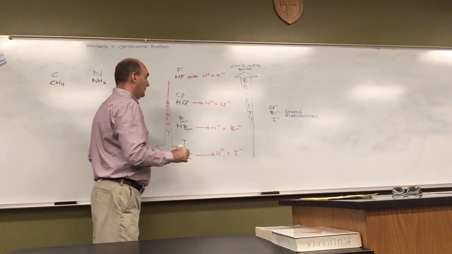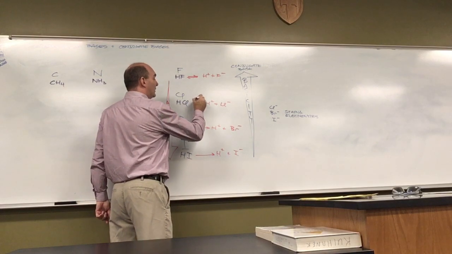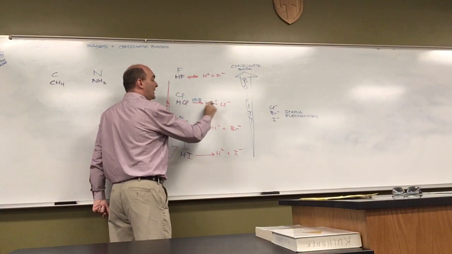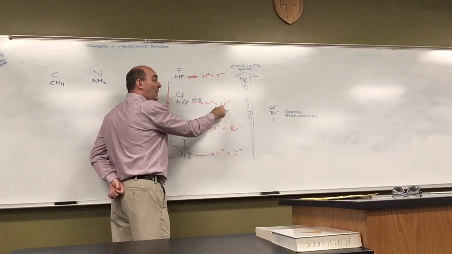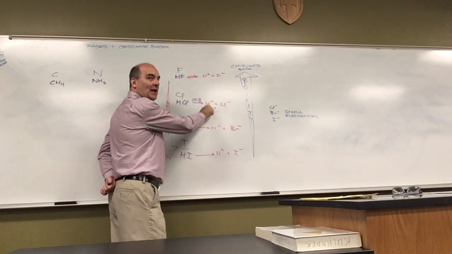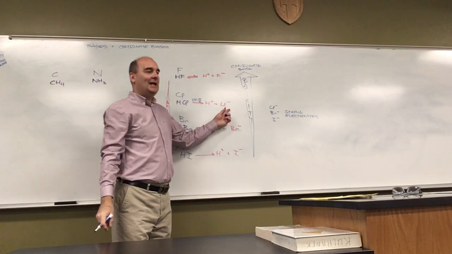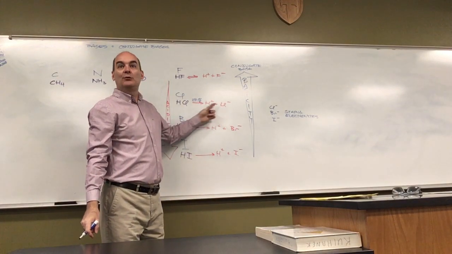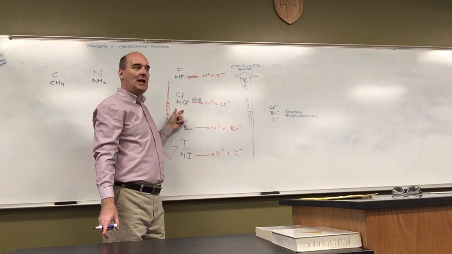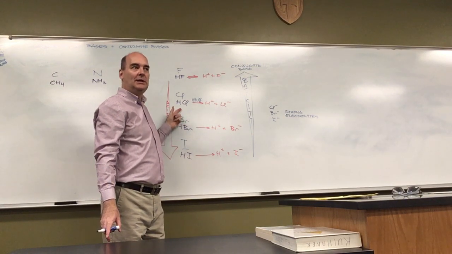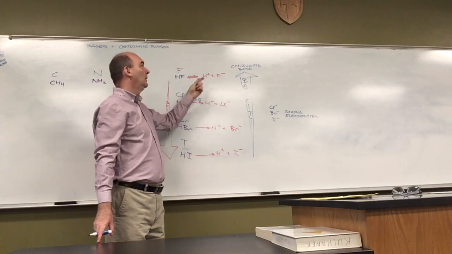None. These reactions proceed to the right-hand side 100%. When the Cl minus has dropped off the H plus, it has zero interest in recombining with the H plus to reform HCl. That never happens. It goes 100% that way.